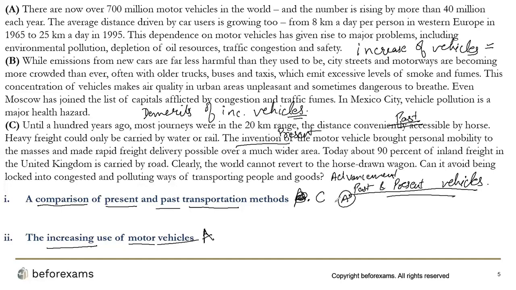So there will be some problem statements. Right now, we only had two problem statements. Suppose there are 6 problem statements and there are only 4 paragraphs. So obviously, the paragraphs will be repeated. The information in the paragraph will be repeated. So in these kinds of questions, never make the mistake of striking out the option that you have already done.